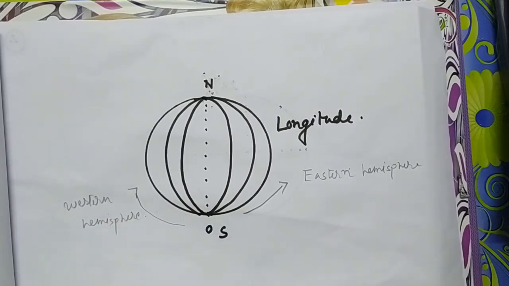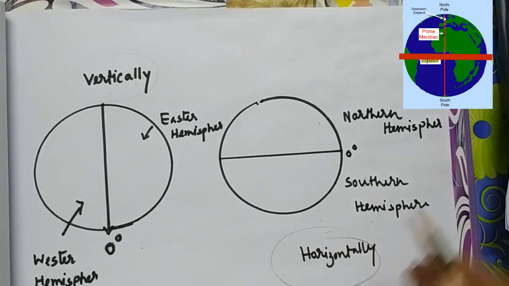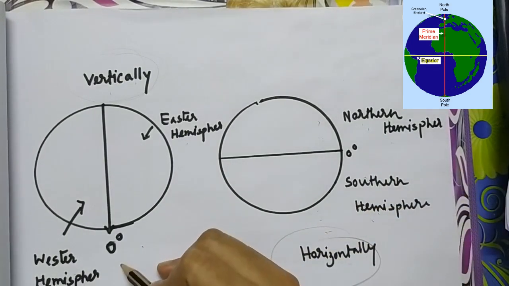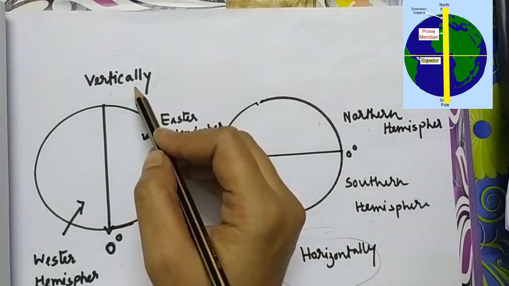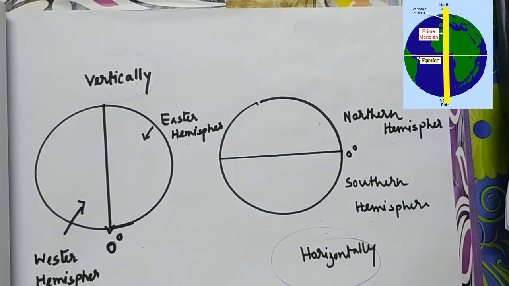So we already discussed the axis, equator, poles, latitudes and longitudes. The equator divides the earth into two equal halves horizontally, northern hemisphere and southern hemisphere, and the prime meridian also divides the earth into two equal halves but vertically, eastern hemisphere and western hemisphere. Up to that clear? I think so.